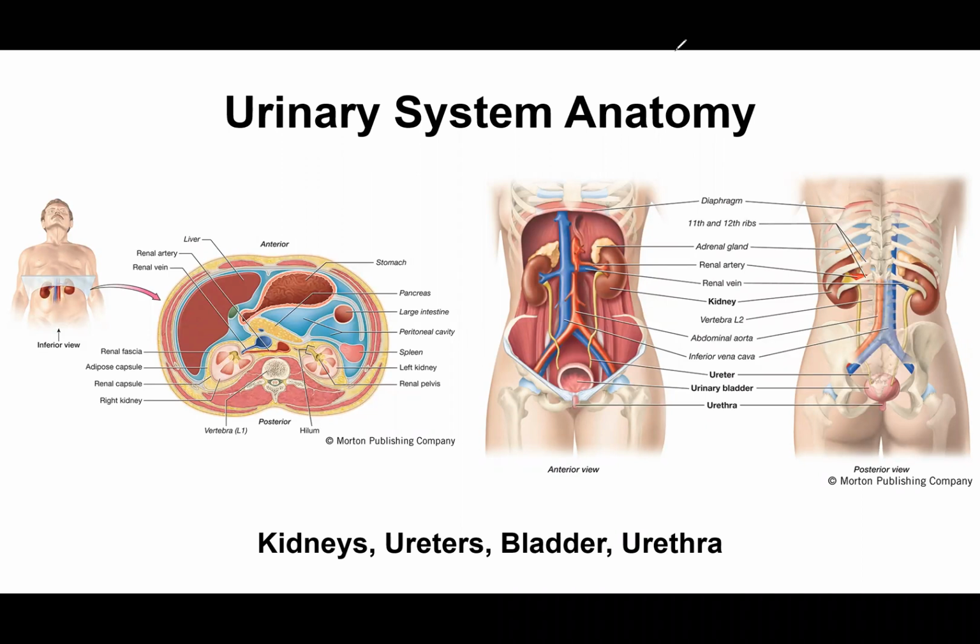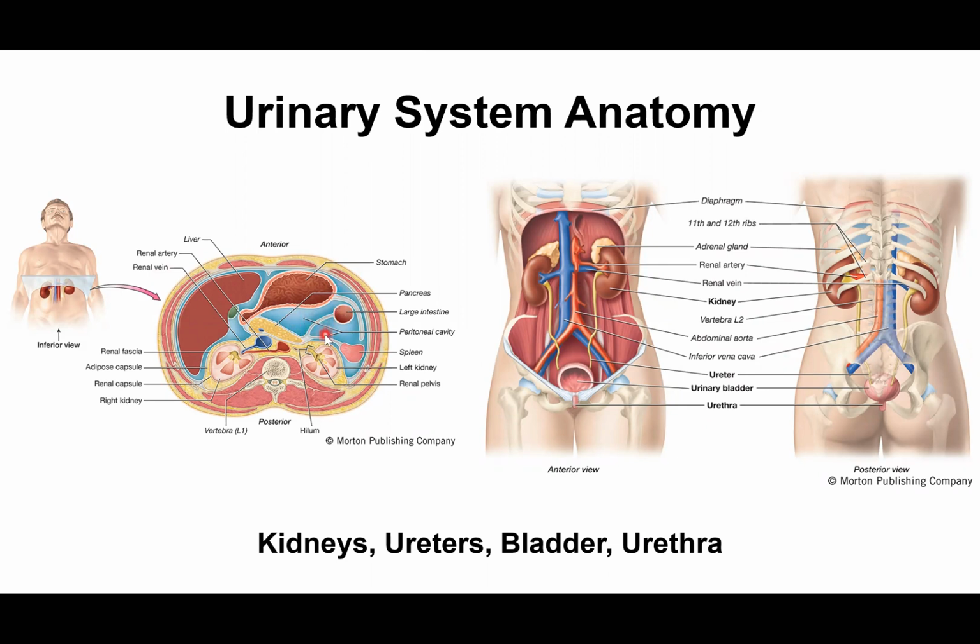One thing to note is that our kidneys are considered retroperitoneal. What that means is that they're actually sitting behind the abdominal cavity. If we look at this picture over here to the far left, you'll see that everything in this blue encasing is considered the peritoneal cavity.